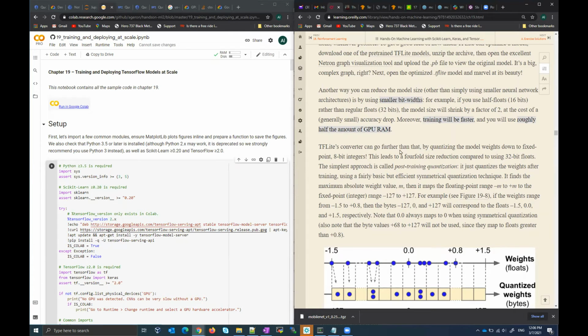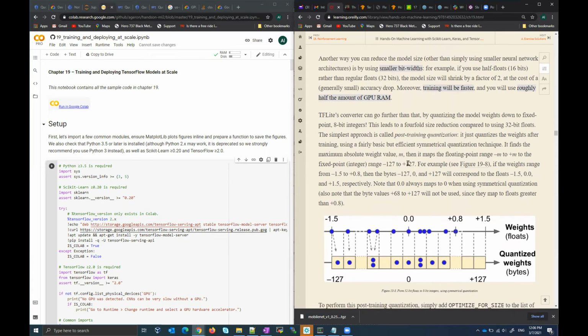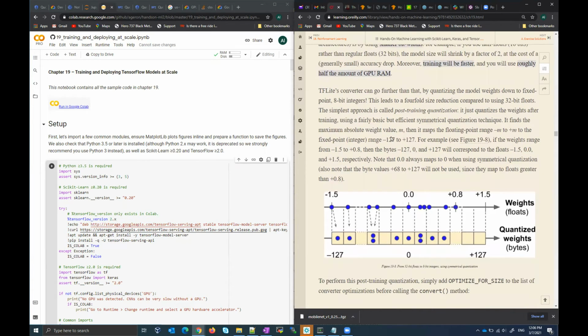Okay. So this is a use of quantization, where you have floating numbers, and then you map them into integer numbers, right? And so this simplifies the training and the prediction.